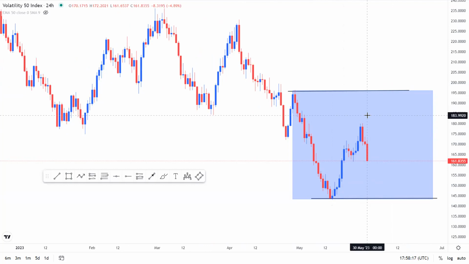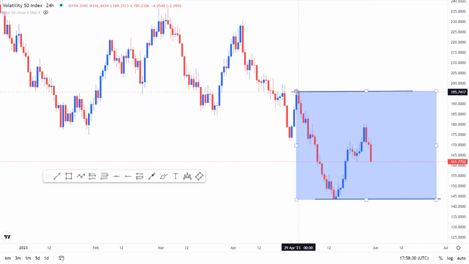Those are zones or levels where I'm potentially looking towards getting on continuation opportunities in line with the market structure. How do I identify these levels? Like I said, anywhere within this rectangle is where I want to identify my levels to potentially sell from.